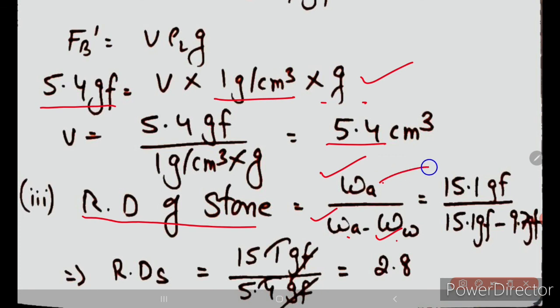Replacing the values, WA, the weight of the solid in air, is 15.1 gram force, minus WW, the weight of the solid in water, which is 9.7 gram force. The relative density after replacing the values shall be 2.8. Here S denotes solid, because we are finding the relative density of liquid also in number 4.